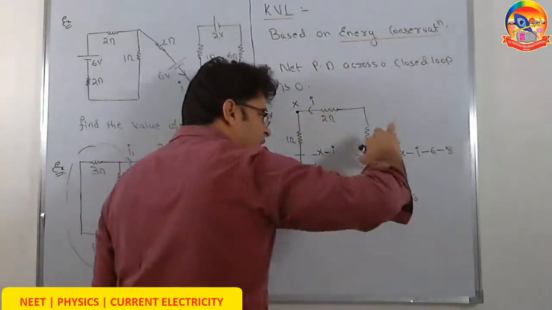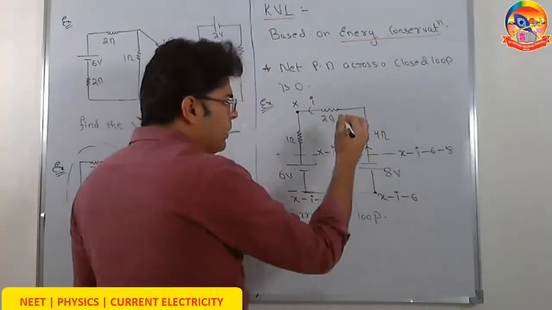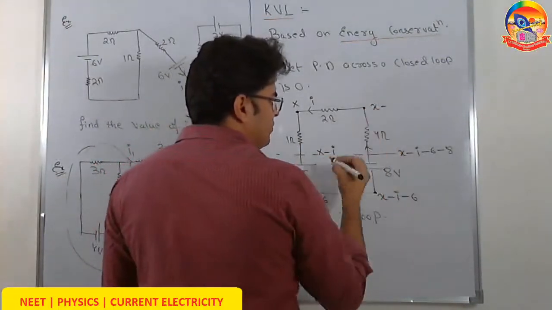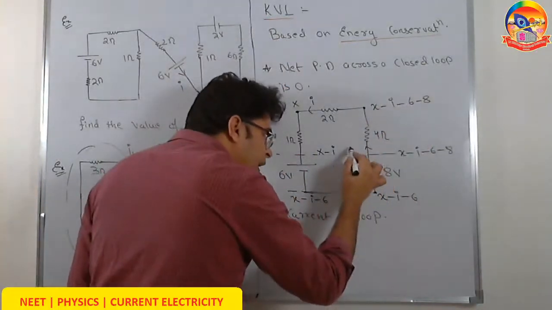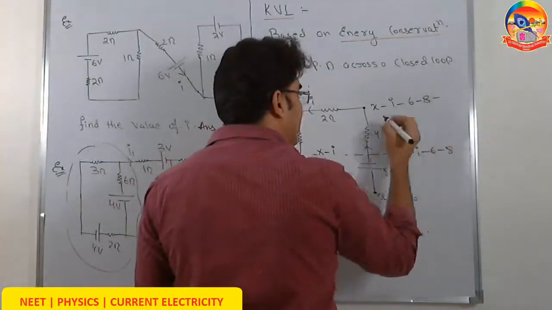The current in the circuit, I have assumed, is anti-clockwise, so through this 4 ohm, it will be upward. And here I am going across the resistance in the direction of current, so the potential will further decrease by I into R, 4I.